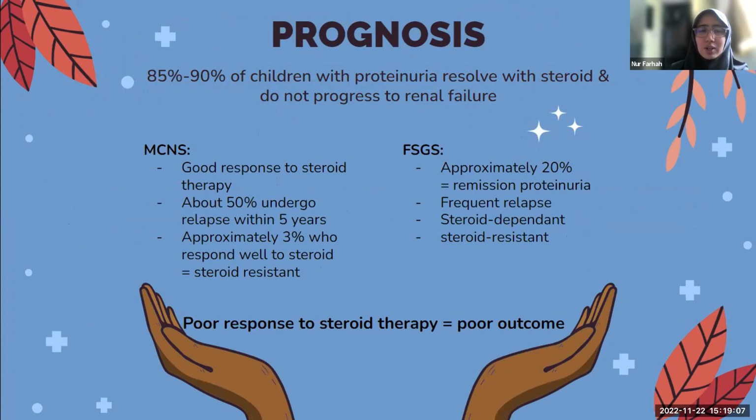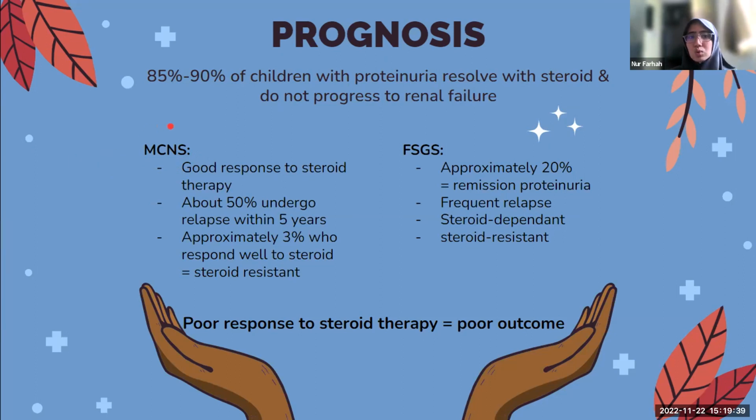So here we can divide the prognosis into good response to steroid or not good response to steroid. If they respond well to steroid therapy, one of the types is minimal change nephrotic syndrome. It is one of the types of nephrotic syndrome that has a good response towards steroid therapy. But about 50% of the cases undergo relapse within 5 years, and approximately 3% who respond well with steroid therapy can also lead to steroid resistance.